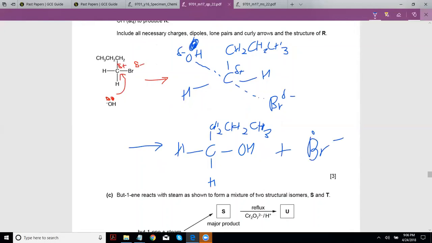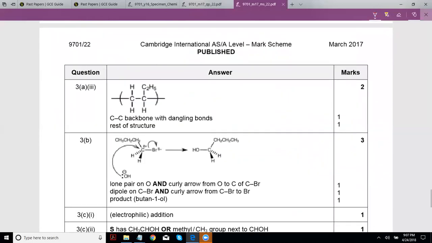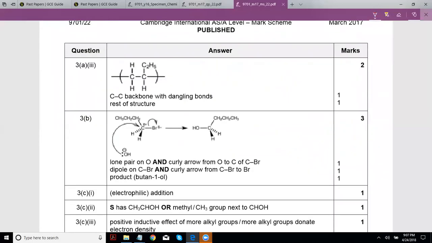And do not forget this, you must show the lone pair. Why should you show that? Marking scheme at times has it. The idea here is that because it's nucleophilic substitution, this now is a nucleophile, so show more lone pairs than necessary. And as you can see, they didn't bother to show the intermediary step either.